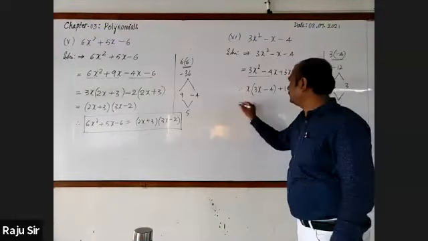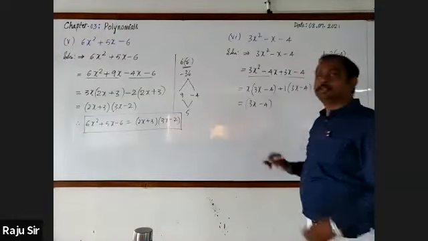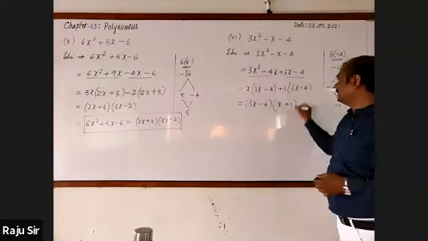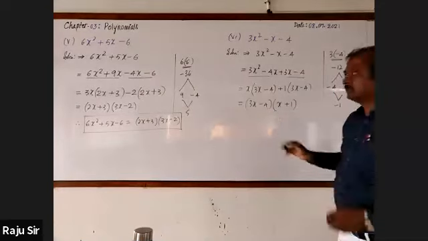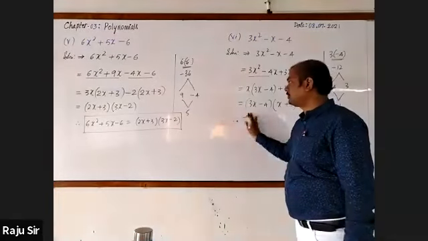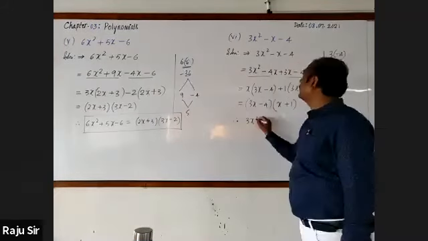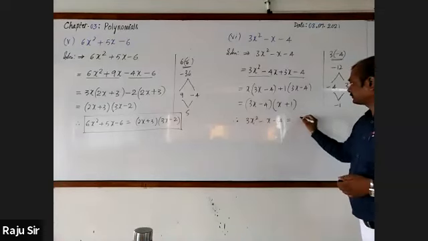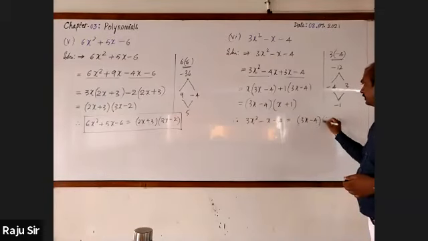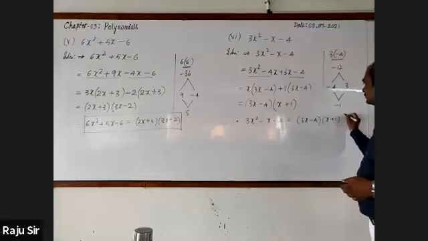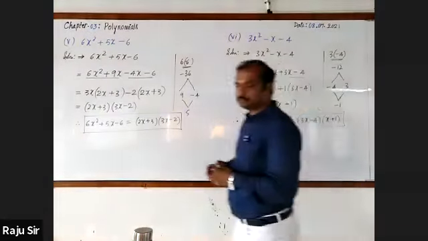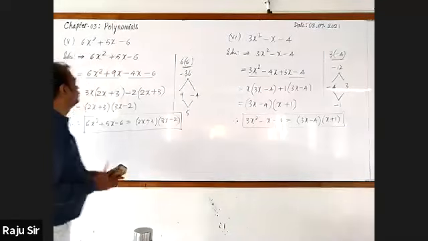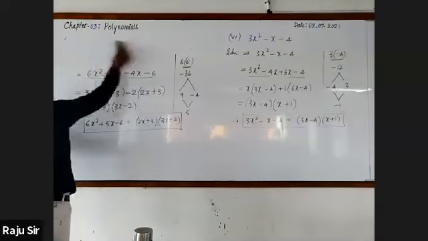In the whole statement, 3x minus 4 is the common factor. The remaining factor is x plus 1. Therefore, 3x square minus x minus 4, its factorization is 3x minus 4 into x plus 1. Okay, finished.